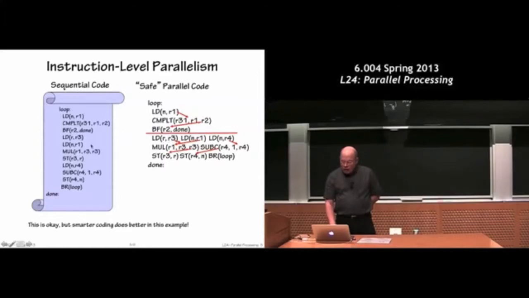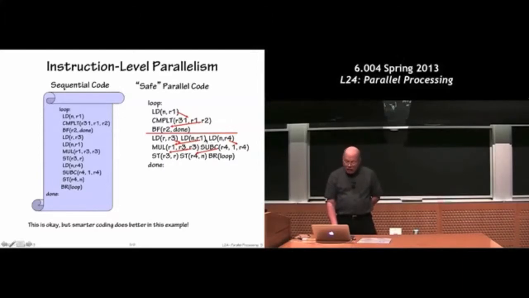Down in the lower part of the program, you can see that it's possible to put a lot of instructions in parallel. Now notice that not all of these are adjacent. Here's two of the loads, here's a fourth load. So I actually have to scan pretty far down the program to find these three instructions that can be run in parallel. The first two were right next to each other.